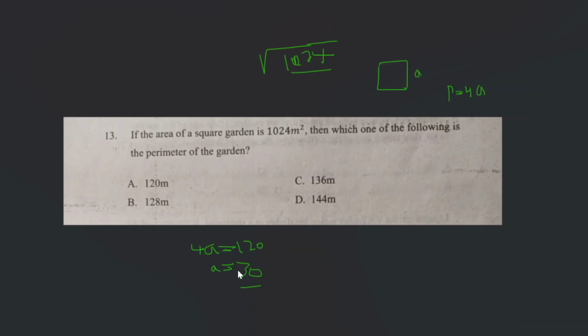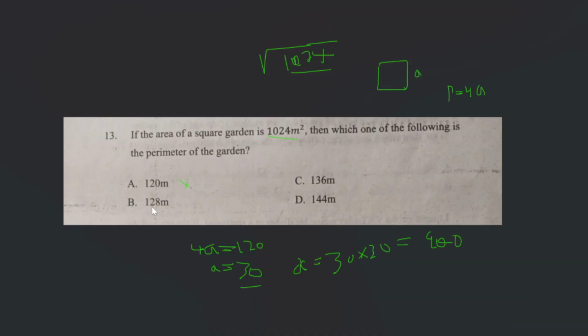And if you multiply, A square should be equal to that number, which is like 30 times 30, which is actually 900, which is quite less than this number. So this alternative is not correct.